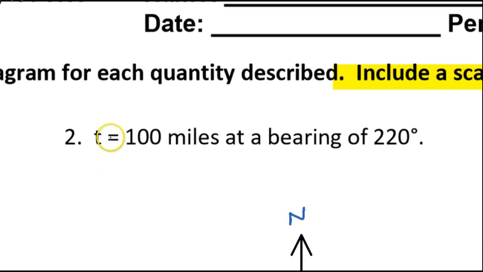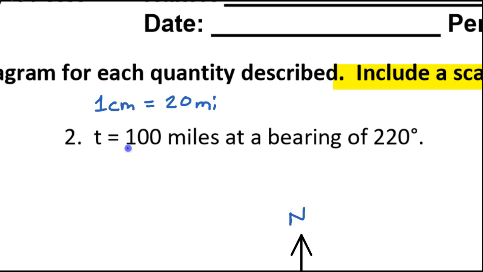Let's talk scale for a quick second. I would like to be able to use centimeters. I'm trying to represent 100 miles. So I think a scale of let 1 centimeter equal 20 miles would work. 20 goes into 100 5 times.